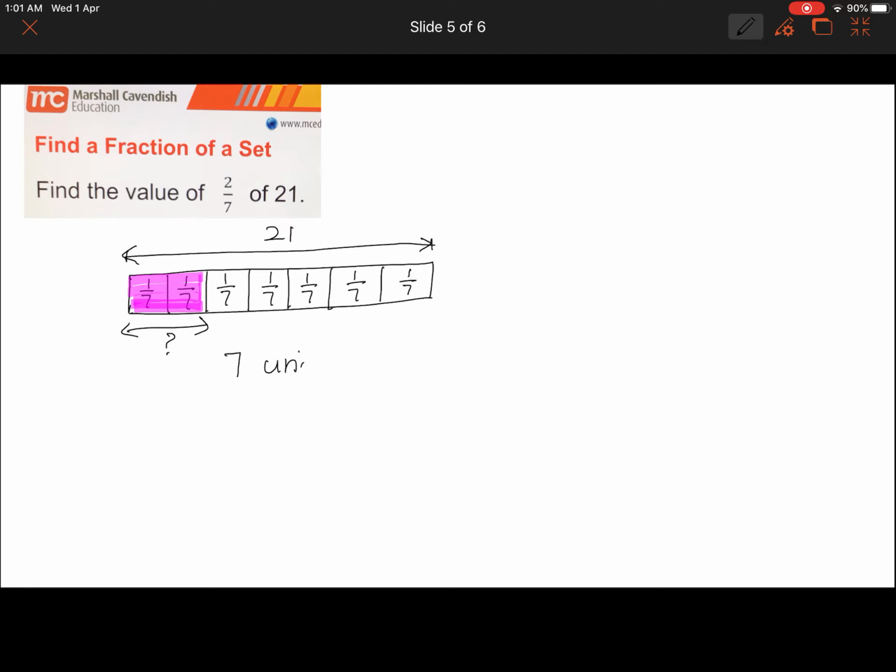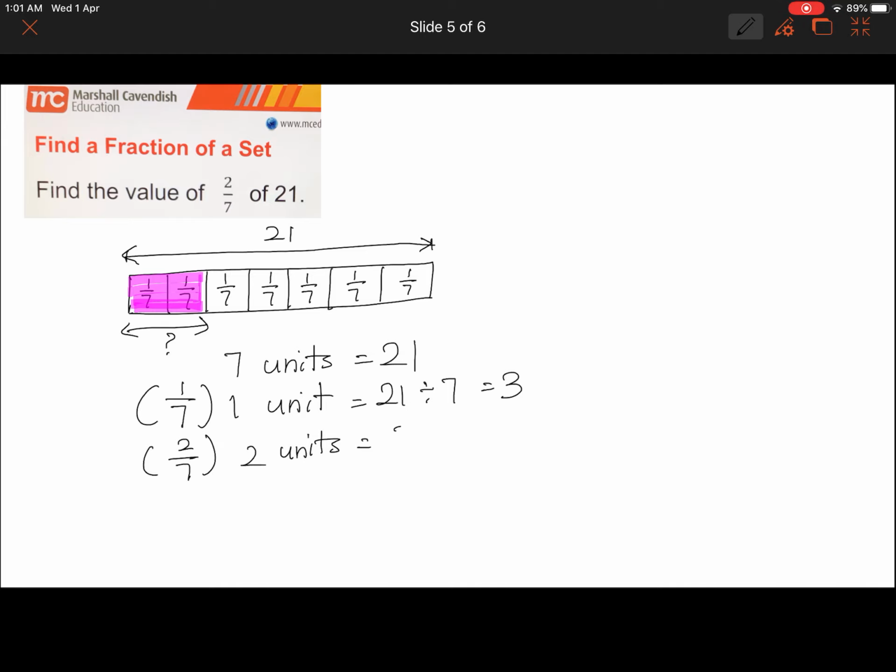So 7 units equals 21. 1 unit, which is 1 out of 7, equals 21 divided by 7, and this will give me 3. 2 units that are shaded, which is 2 out of 7, will give me 12. 3 times 2. Oh, I'm so sorry. Should be 6. So 2 out of 7 of 21 is 6.